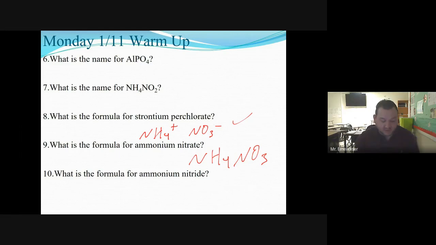Like an example here, if I said name aluminum phosphate. That's not a good example. Let's do aluminum sulfate. So I want to write the formula for aluminum sulfate. Well, what students will do is they'll say, okay, aluminum is Al and sulfate is SO4. So there's my formula.